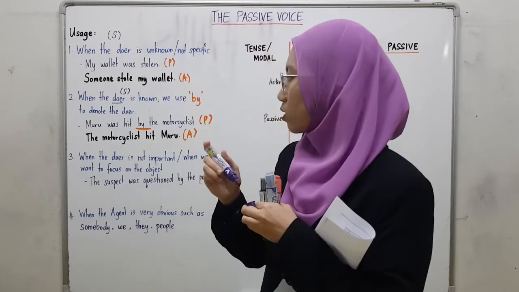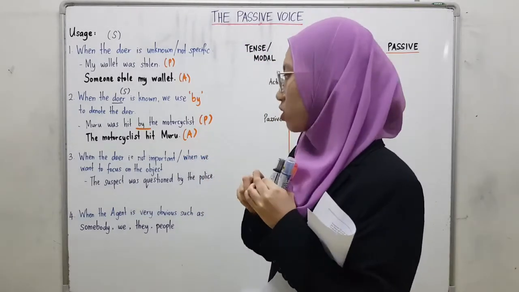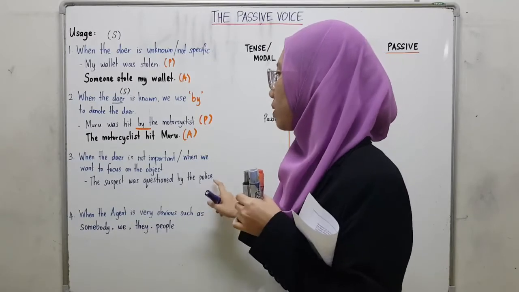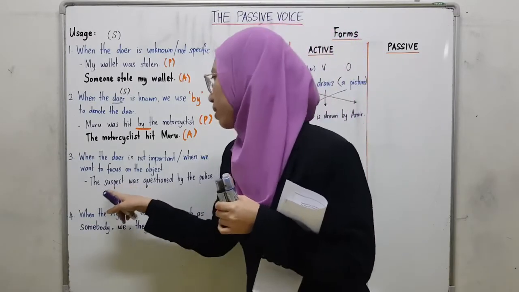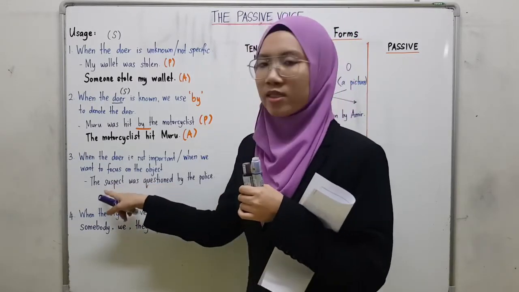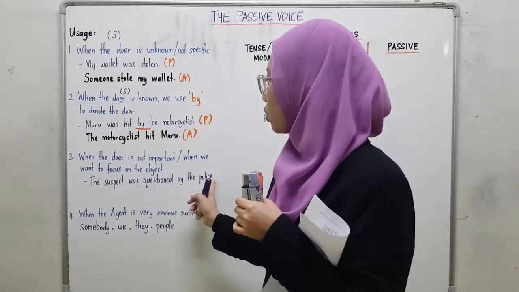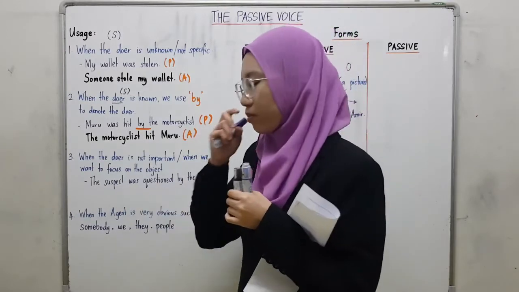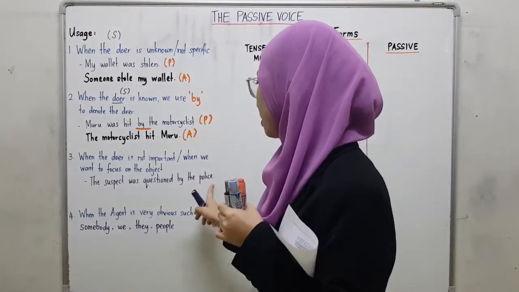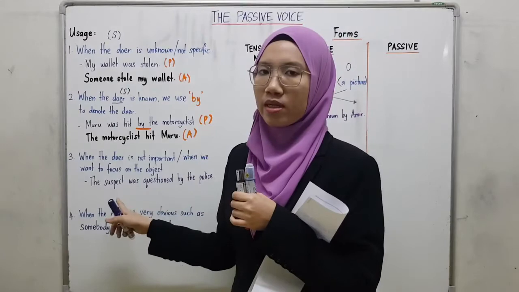Or the suspect was questioned for three hours by the police. Okay, so kita nak emphasize pasal objek ni suspect. Kita nak cakap pasal dia tu, the subject. So when you want to change into active, it will be the police questioned the suspect.